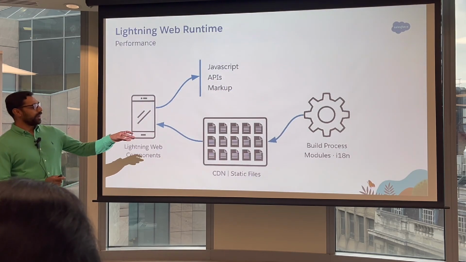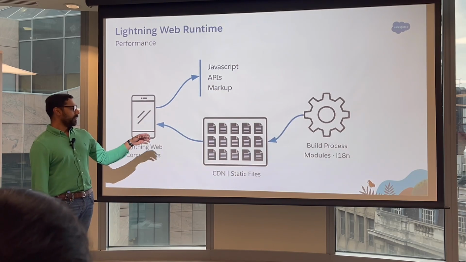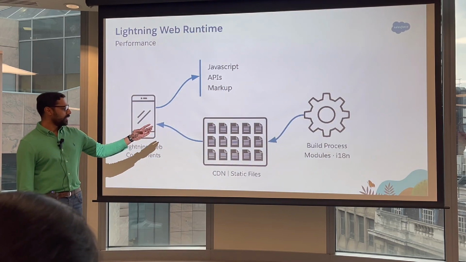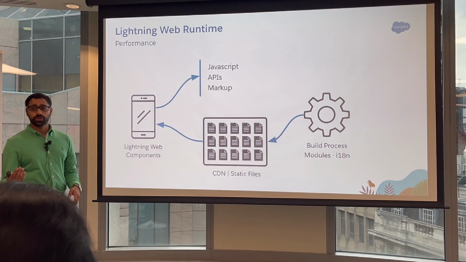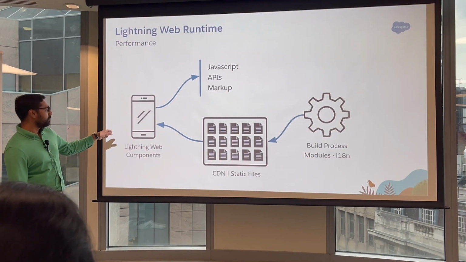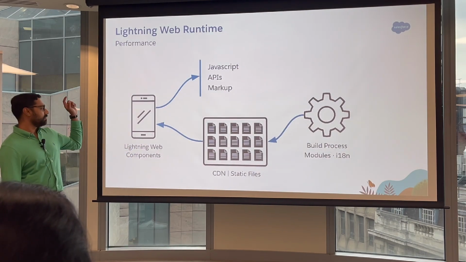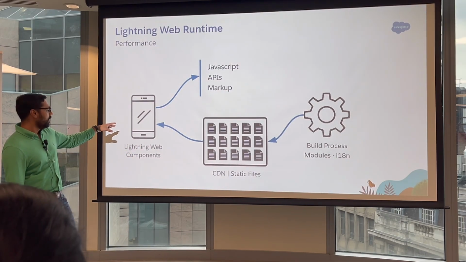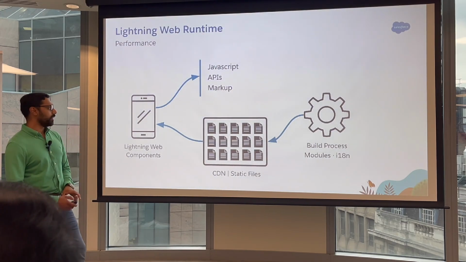So this is what it really looks like. You publish a site, we take a snapshot of all of your components and put that in the CDN, right? And all of your assets are also cached. That way, when the components are loaded on your client, they hit the CDN directly to load your pages, and then the components on the client fetch the data from Salesforce on demand.